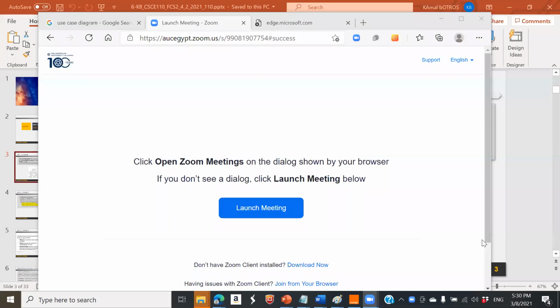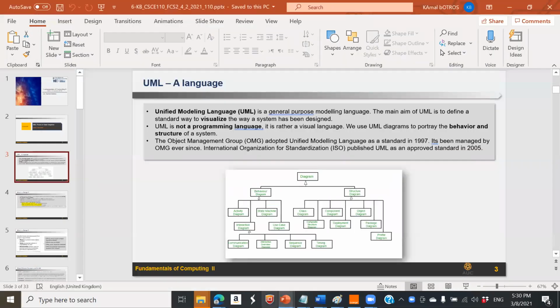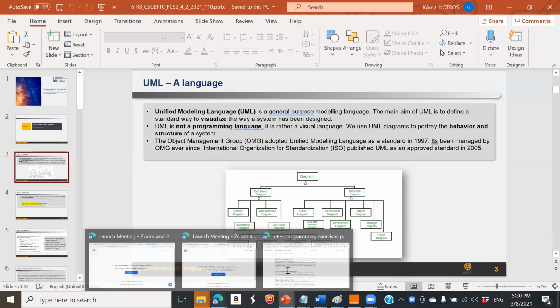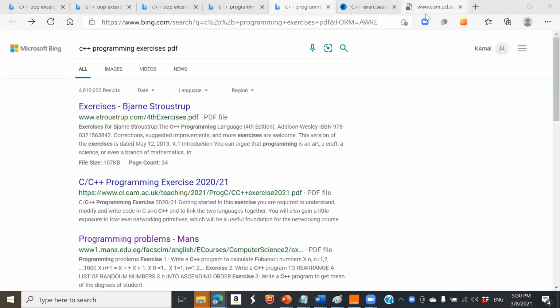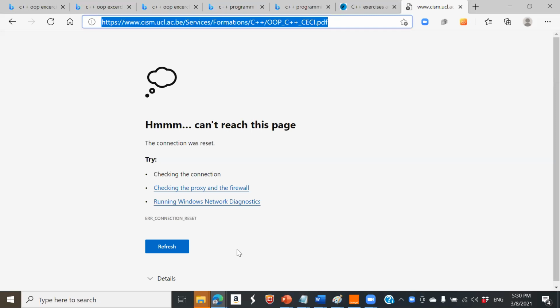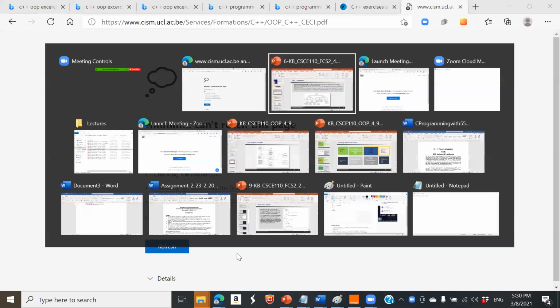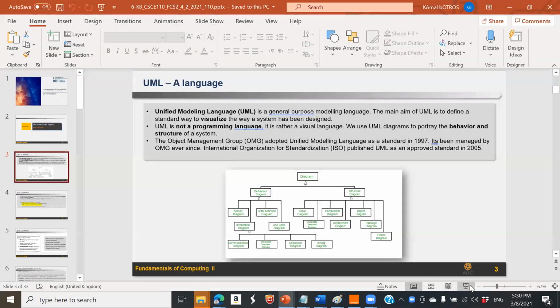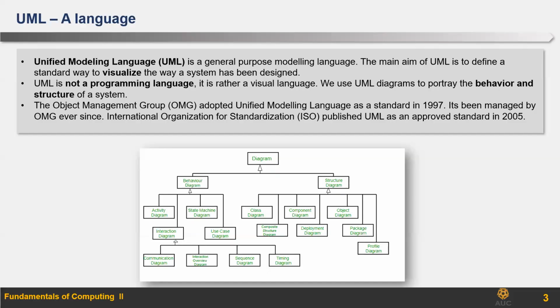So I'm back. Sorry for this. So what I was saying is that I am telling engineer Adham what I want, and he will use UML, what's so-called a use case diagram.